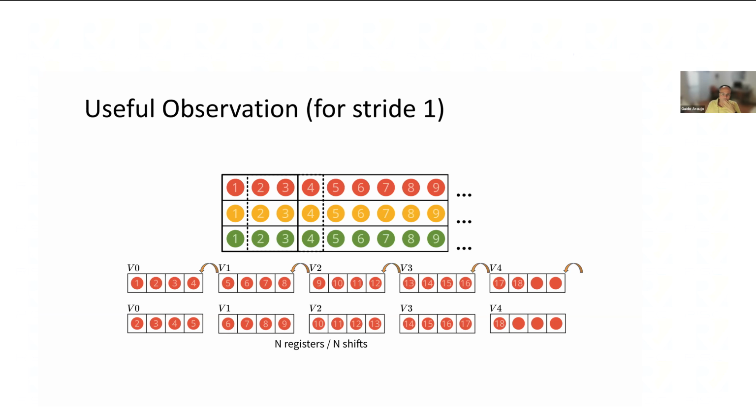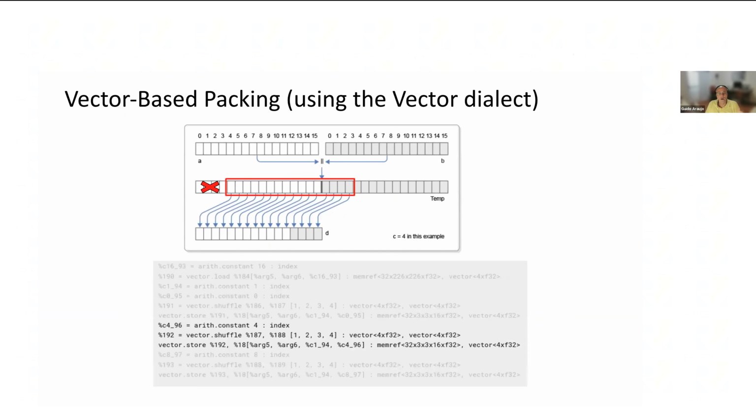So the next step was, could you do this in the current architectures? That's exactly what we looked for, and we found that AVX 512 and the VSX extension of IBM allow that.